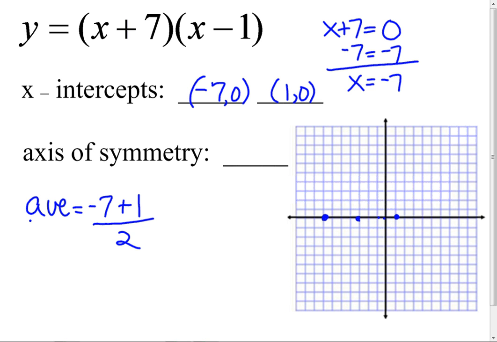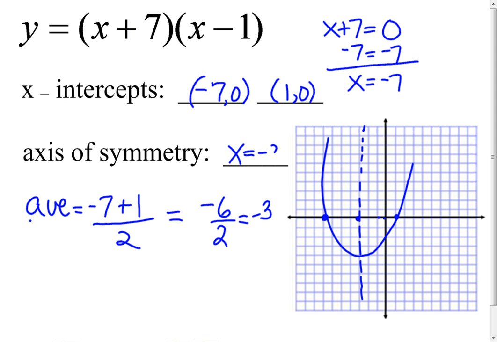So all you do is average it. You add these two values up and divide by 2. What's -7 plus 1? -6, divided by 2 is -3. What's the equation for this line then? x equals -3. The axis of symmetry is always going to be x equals.